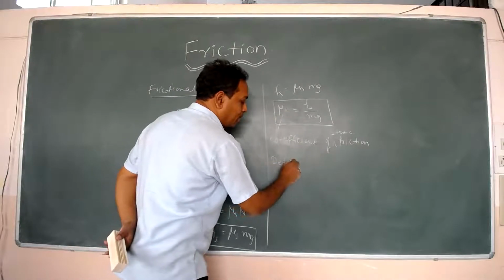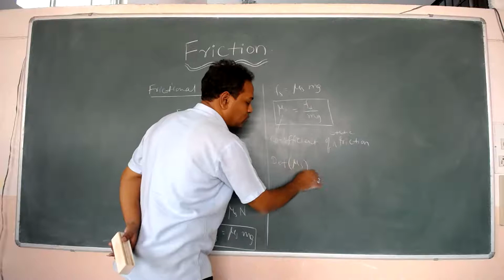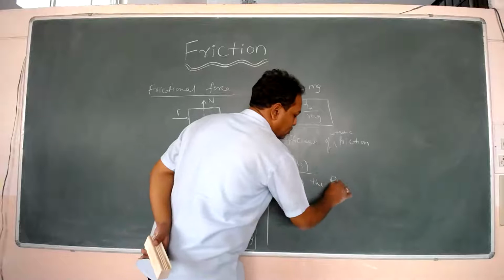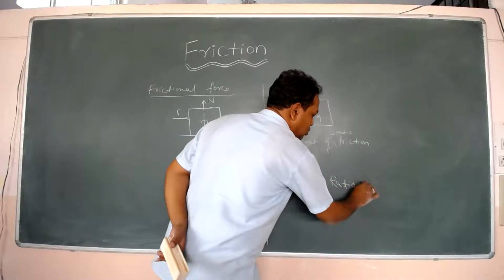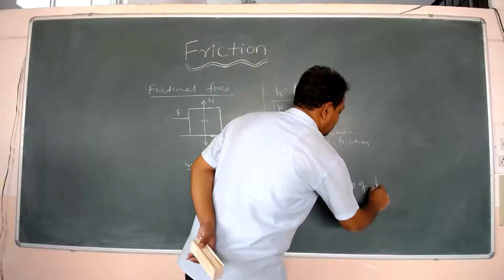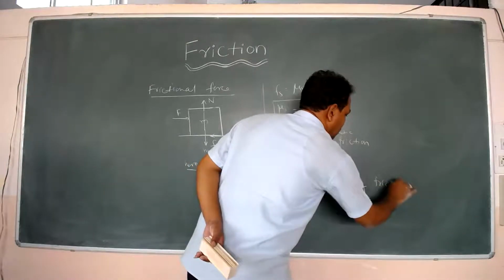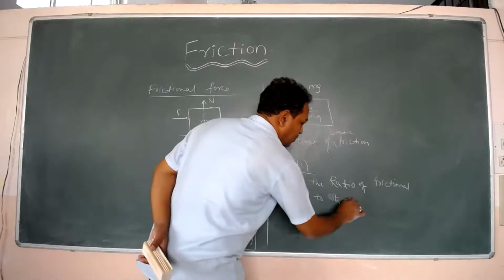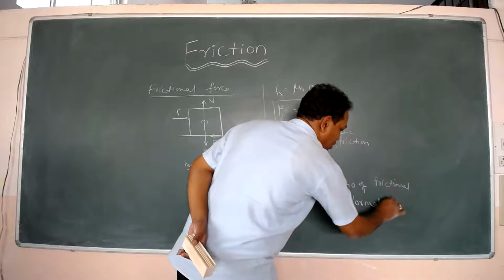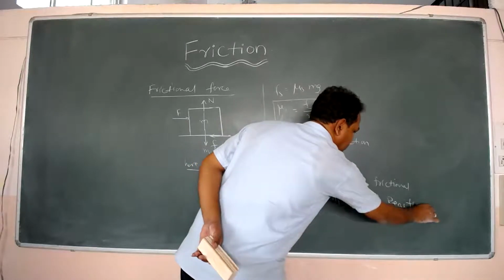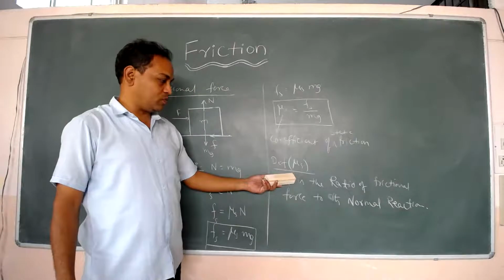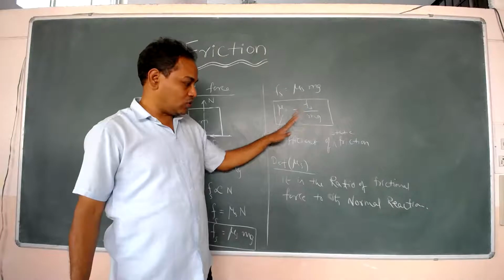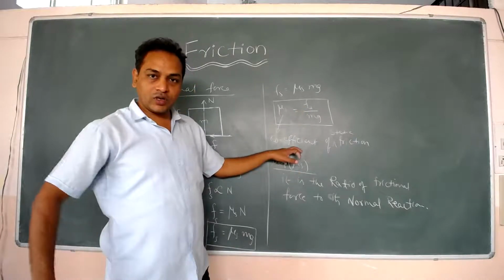The definition of mu s: it is the ratio of frictional force to its normal reaction. Mu s is nothing but the ratio of frictional force to that of its normal reaction. So this is the definition for the coefficient of static friction.